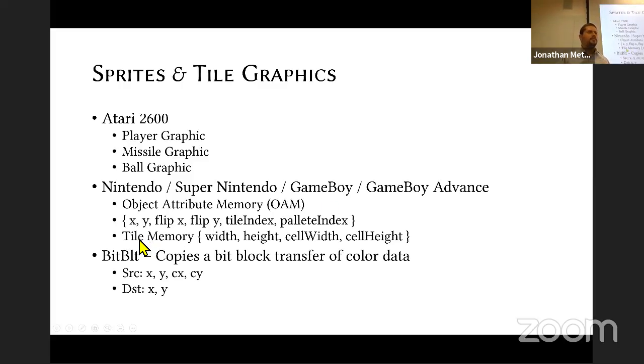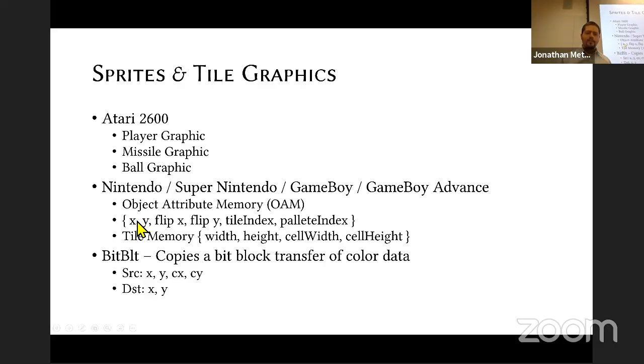On the Game Boy, it would take 4 bytes per object, and you could have 40 of them. So that's 4 bytes times 40, 160 bytes to store the positions of 40 sprites. It's a pretty good use of memory, and you can process that very easily.